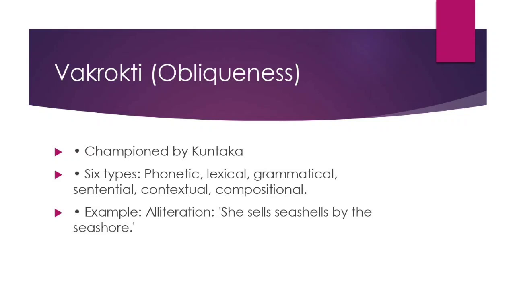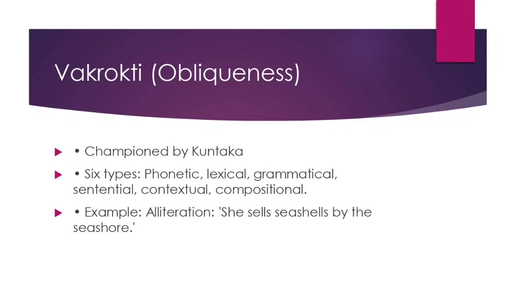The next is figurative, that is Prabandha Vakrokti. So in this figurative or Prabandha Vakrokti, we use metaphors, similes, and other figures of speech to ornament the literature or language. For example, comparing a warrior to a lion, known for bravery. So this is the figurative or Prabandha Vakrokti.